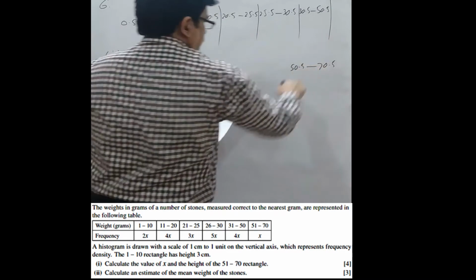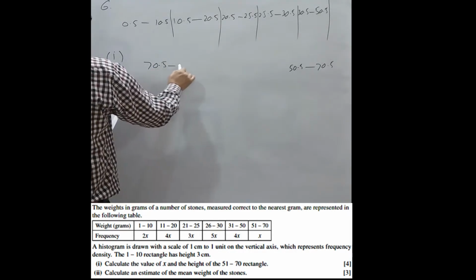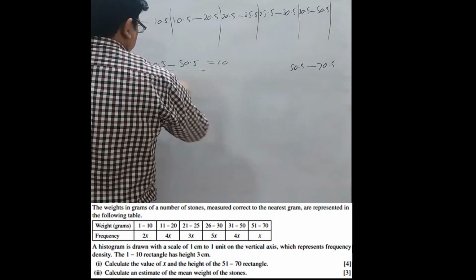Now you can find the first part, the value of x. The class width for the last class is 70.5 minus 50.5, which is 10.